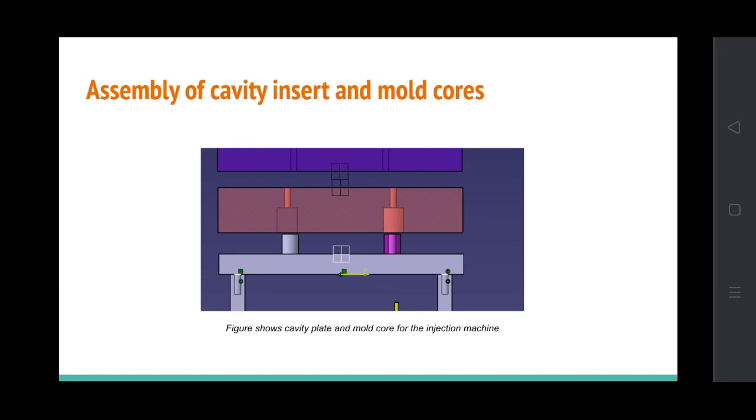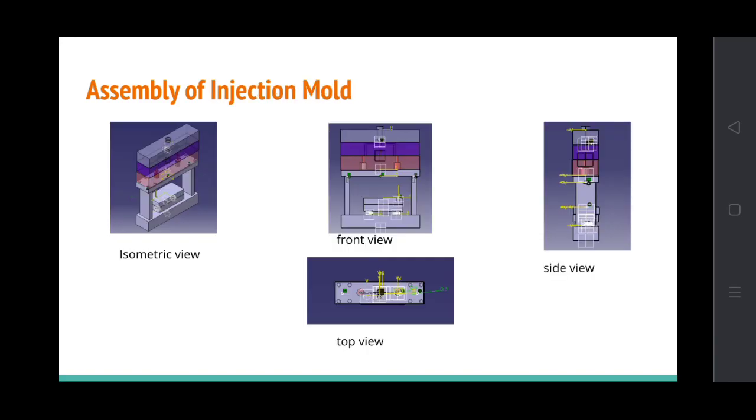This core plate is usually made of P20 hot die steel, used without hardening after core machining. In the slide, the reddish color is the cavity plate, while the mold core is the opaque color below. The figure shows the cavity plate and mold core for the injection machine.